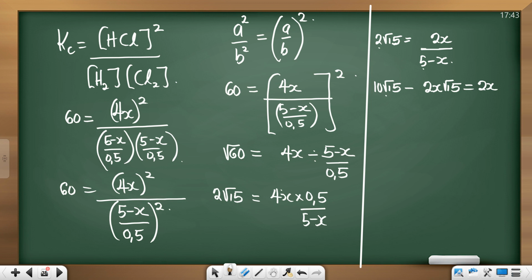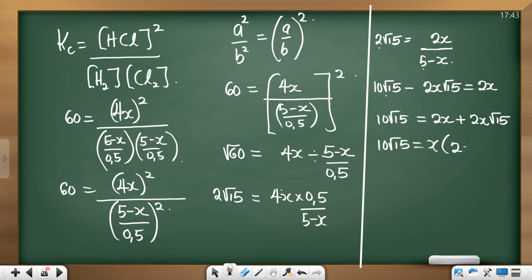I think now we can put all our X's in one house. We can put them together. 10 root 15 would be 2X plus 2X root 15. Or if you want to keep it as root 60, or if you want to change it to decimal, for me, I just want to get the correct answer, so I leave it as that. 10 root 15. But there's nothing wrong with you using decimal.